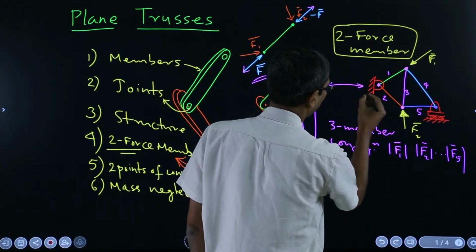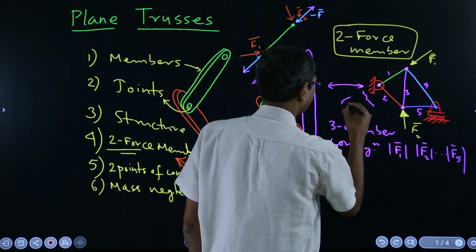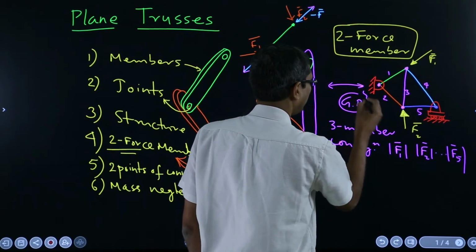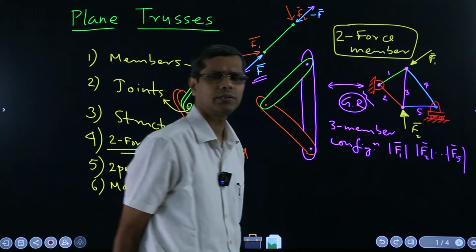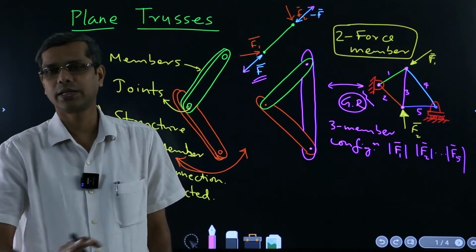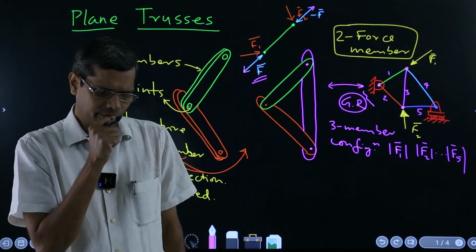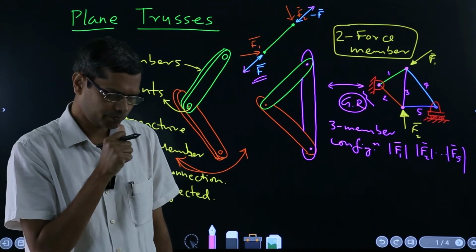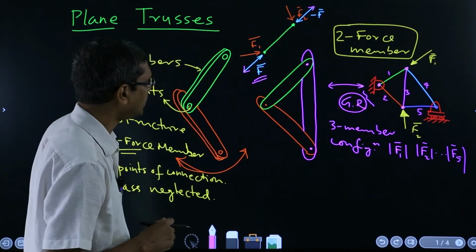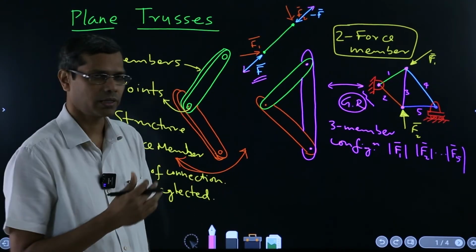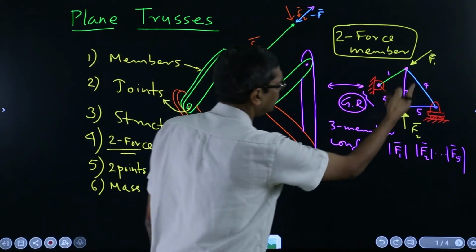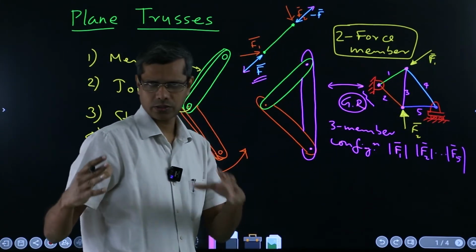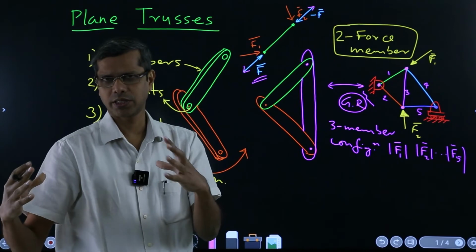Plus these ground reactions. See, ground reactions wherever the truss is connected to the ground, and if you have noticed in the earlier discussion, as a whole the truss is a structure, right, a fixed rigid body.